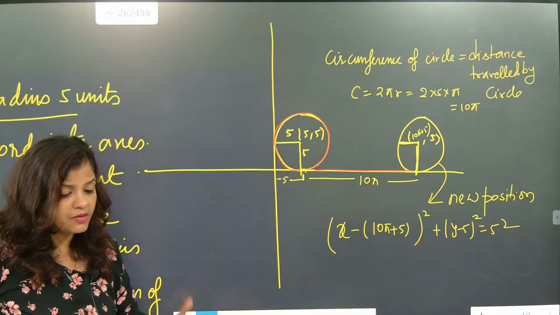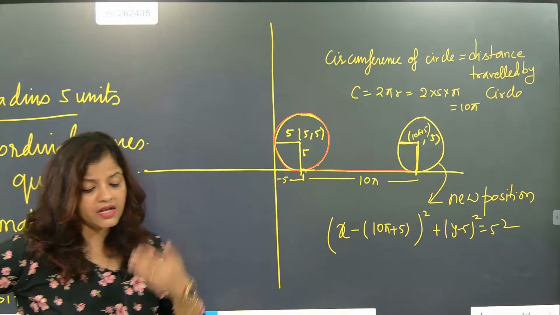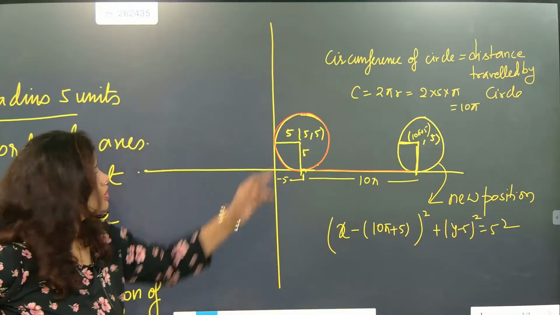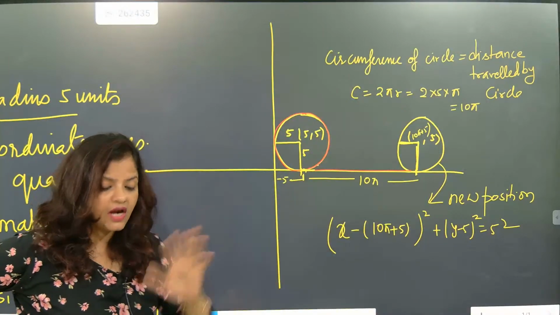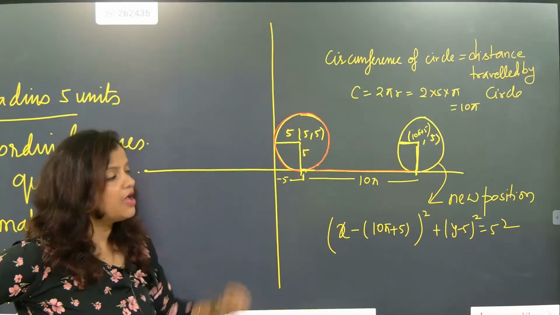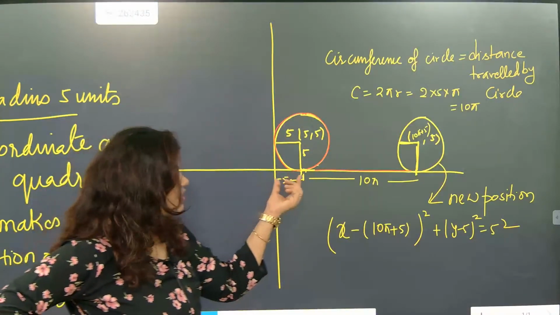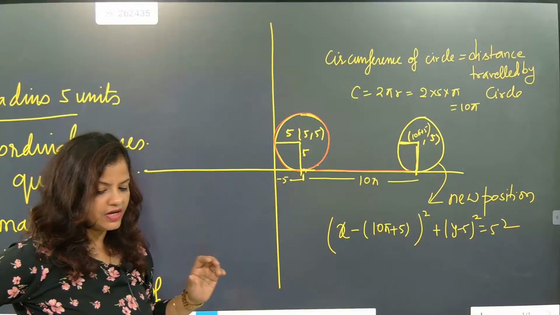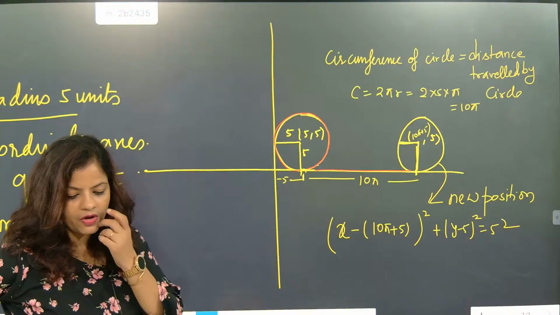They will say here one rotation is given, but they can say it has taken 100 rotations. So at that time whatever the circumference is, that circumference must be multiplied with 100, and then you have to add this radius. So 100 times the circumference plus the radius should be added, and the new center will become like that. I hope everybody understood.